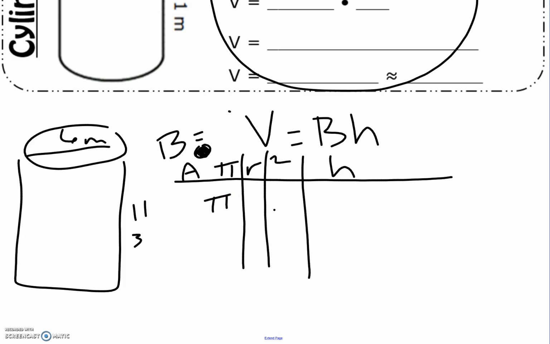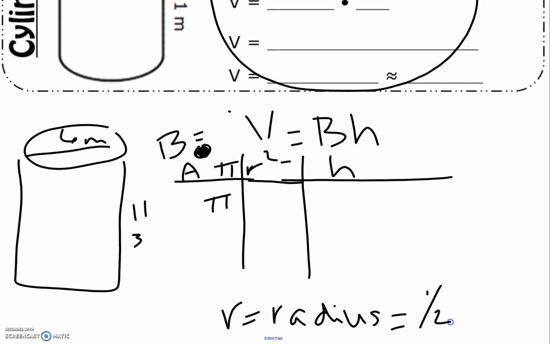We know r squared, that should be erased. Sorry guys. This should not be a separate one. R squared means r times r, and the H means the height. Well, r stands for radius, right? We know that a radius is half the diameter.